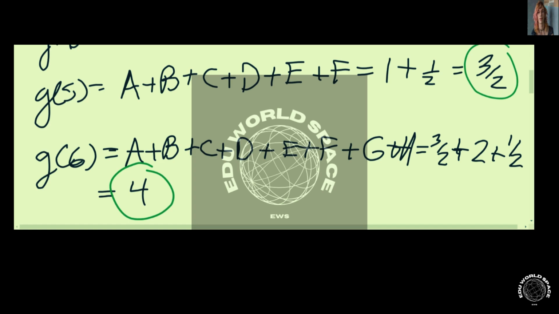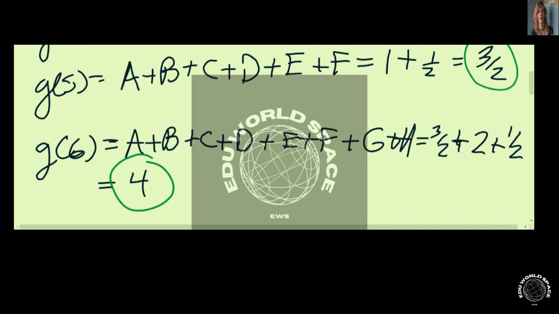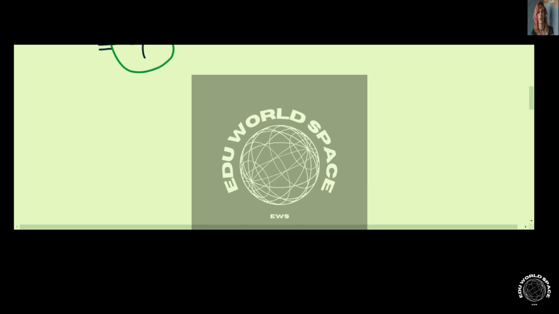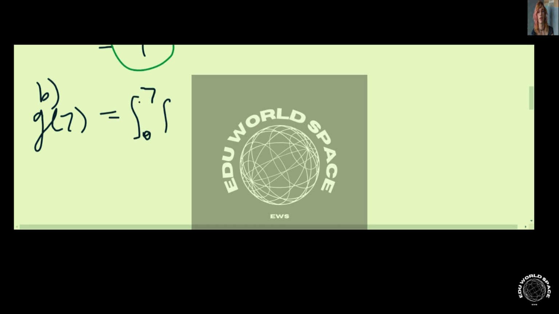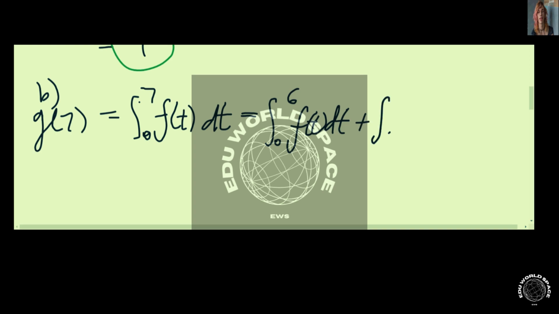So those are the values of g for x between 0 and 6. In part B, we are asked to estimate g of 7. Well, by definition, g of 7 is the integral from 0 to 7 of f of t, which, using integral properties, is the same as the integral from 0 to 6 of f of t, plus the integral from 6 to 7 of f of t.